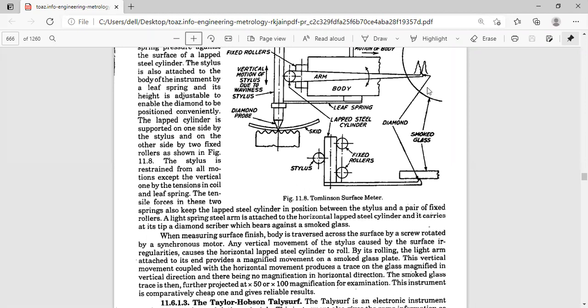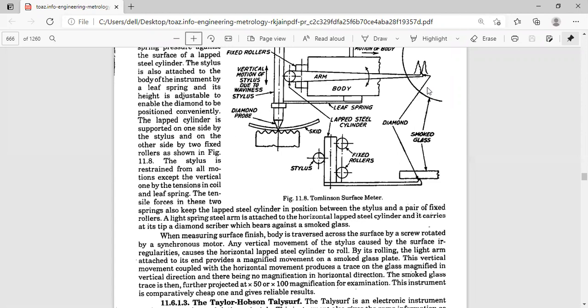So this vertical movement, whenever you are having it in combination with the horizontal movement, will have some trace. The vertical magnification will be more than the horizontal magnification.